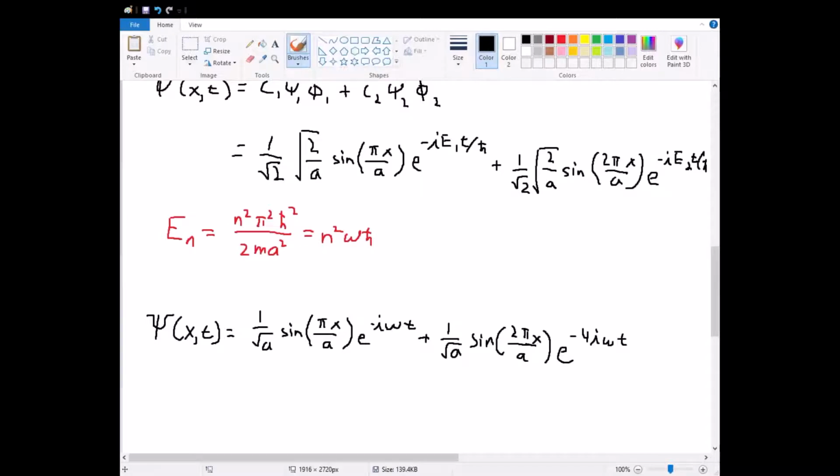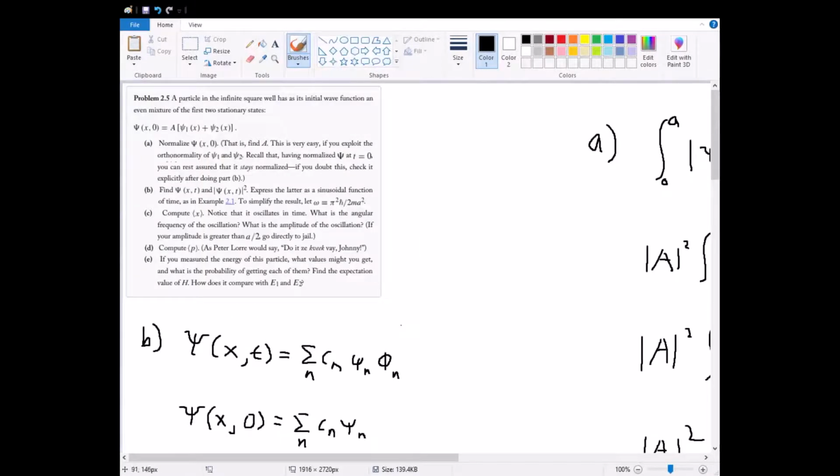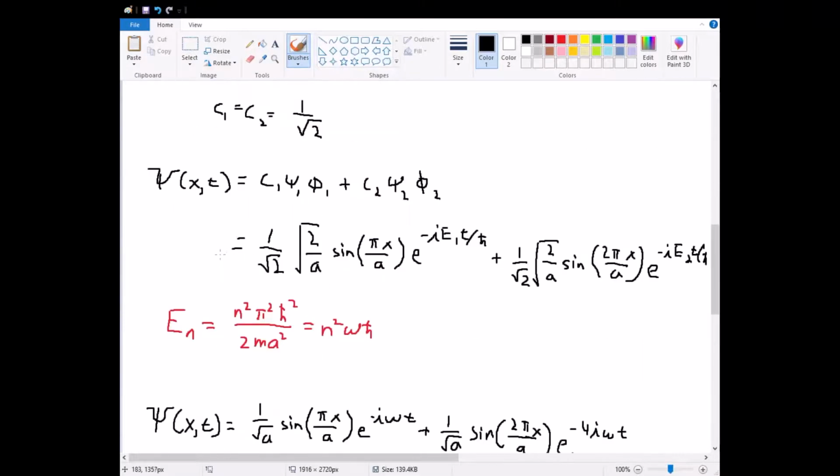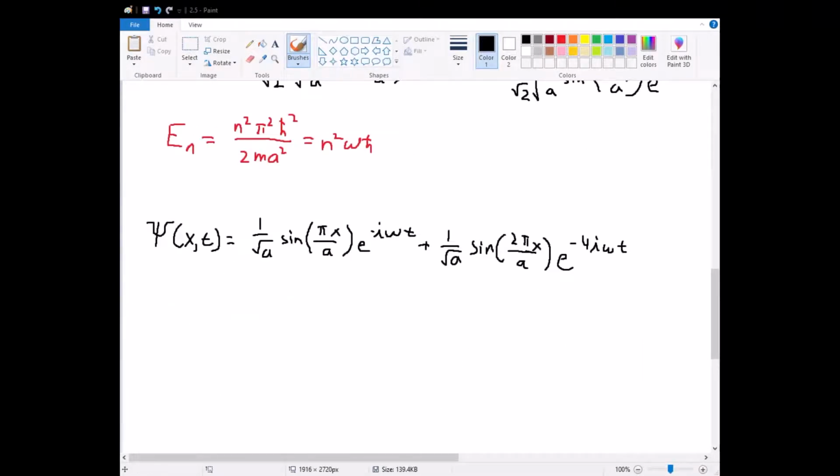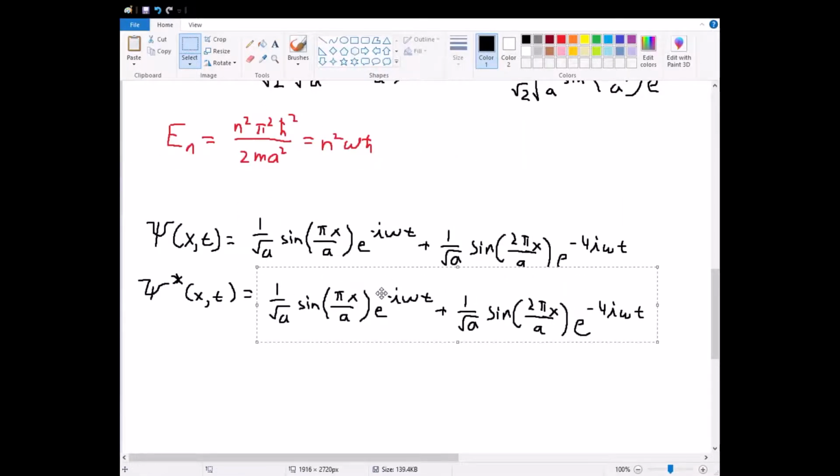From here, our next goal is to take magnitude psi squared and find that as well. So we can do that. Obviously we know that the complex conjugate of psi of x comma t is just going to be equal to everything being the exact same, except we're reversing the signs on our exponentials. So let's get rid of the negative here and get rid of the negative here.